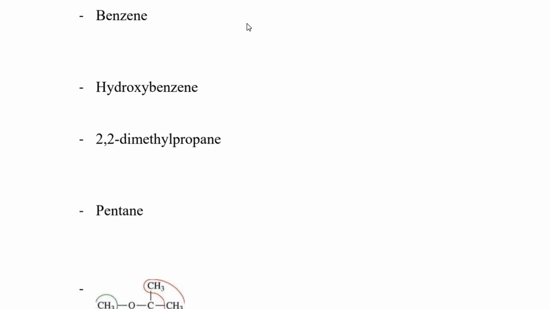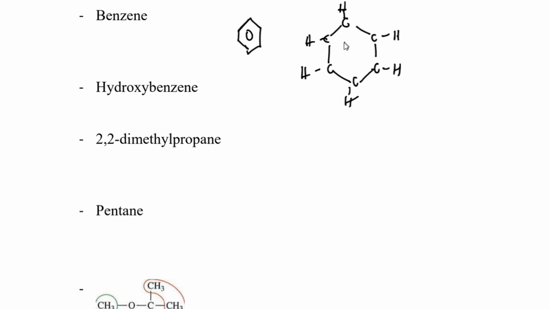Let's also look at this benzene. So this is the structure of benzene, which is also the same thing as this. We have hydrogen, hydrogen, hydrogen, hydrogen, hydrogen, and hydrogen. So we can put the double bonds there.